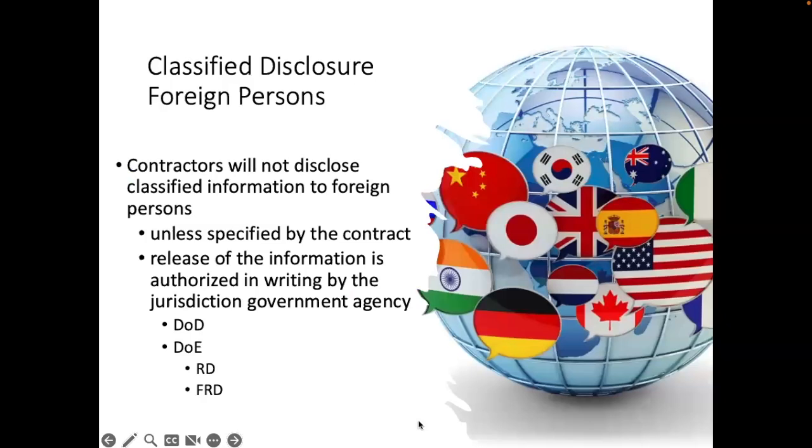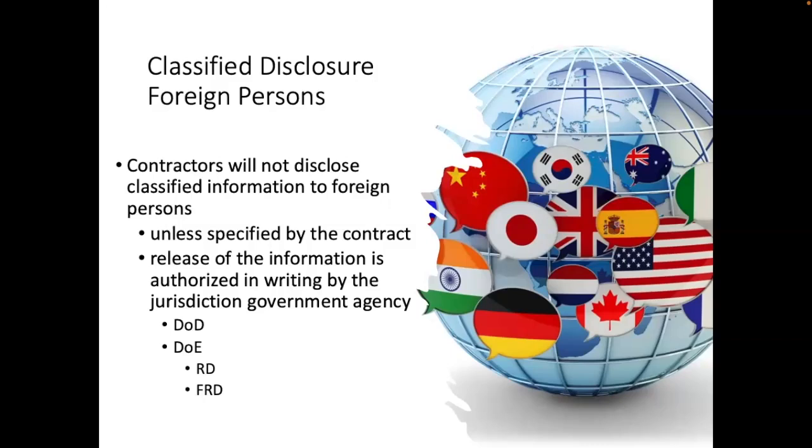Disclosing classified information to foreign persons. Again, contractors have no authority to do that unless directed by the contract or the government contracting activity. And again, the release of that information is authorized in writing by whoever has jurisdiction. So if you're on a contract with DoD, whoever that government contracting activity is under DoD.